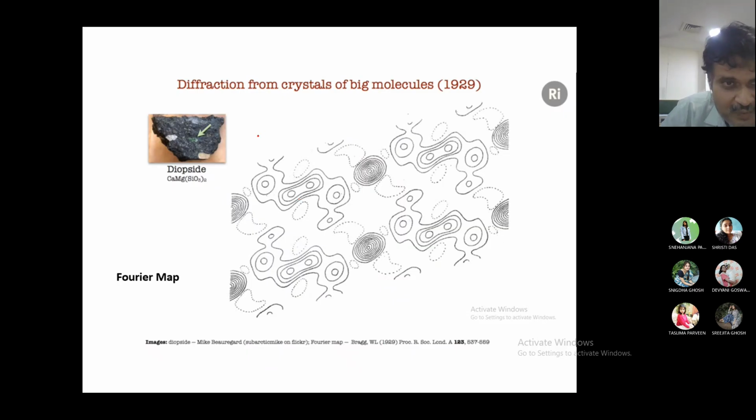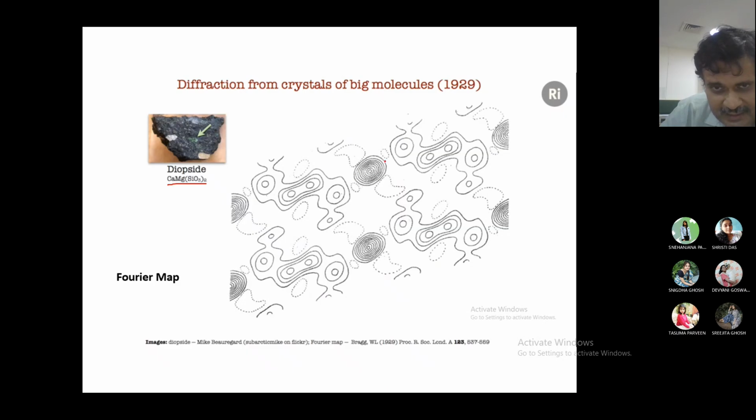one of the first applications of this Fourier transformation to solve the crystal structure of the compound diopside. Diopside is a compound, calcium magnesium silicate. So the diffraction pattern was Fourier transformed, and after it was Fourier transformed, you see there are centers forming like this.